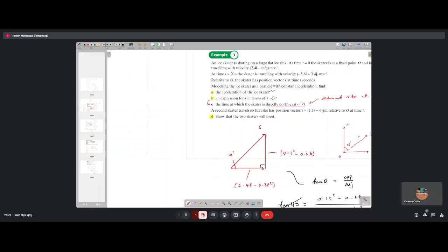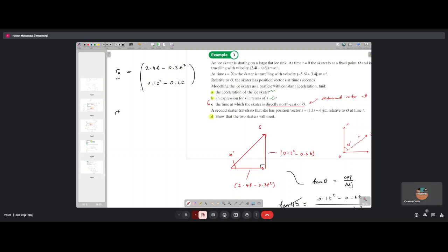So if you look at the two position vectors, RA is the position vector for the first scalar. So that will be 2.4t minus 0.2t squared, and then 0.1t squared minus 0.6t.